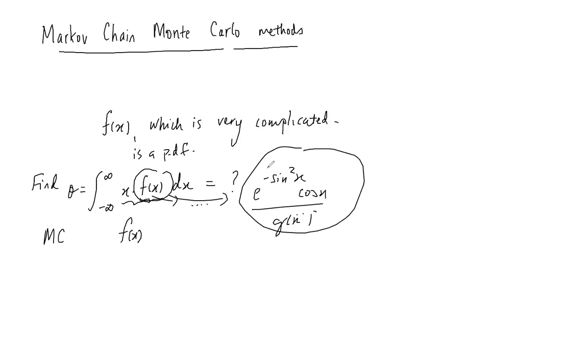You can use antithetic variables to reduce the variance, or importance sampling, things like that. But sometimes your f(x) can be something like this: there's some function here, and below there is some integral, and this integral has no closed form.